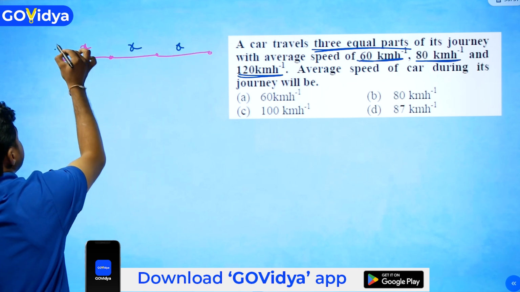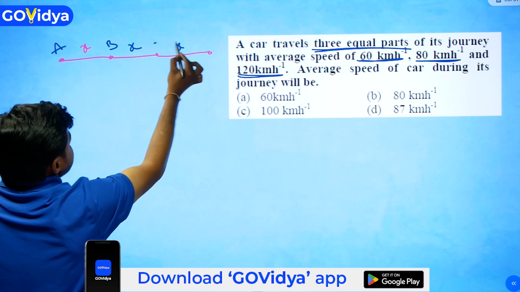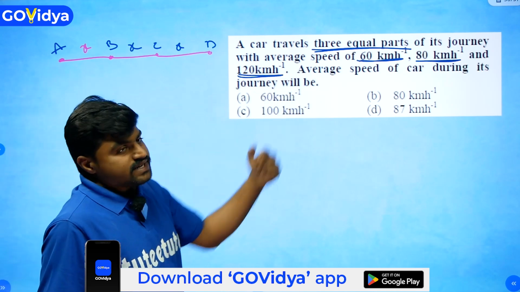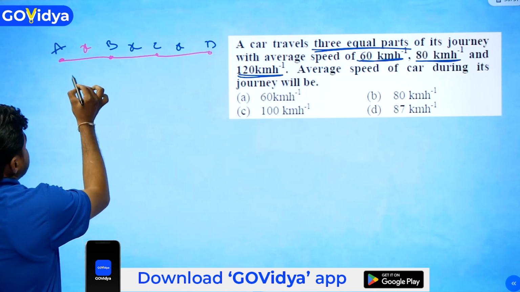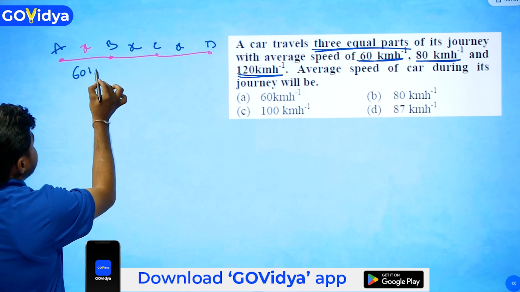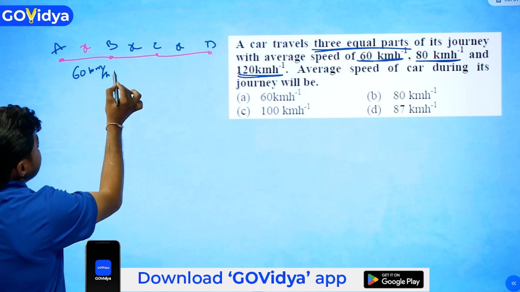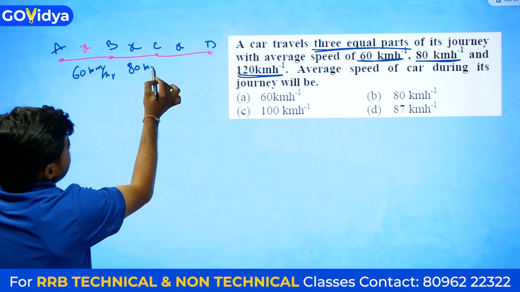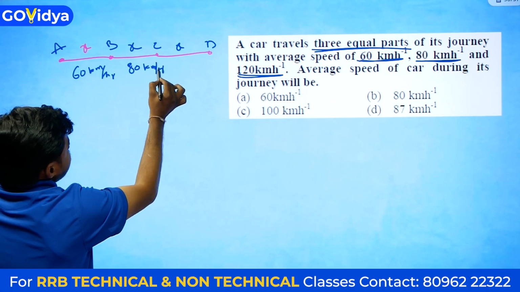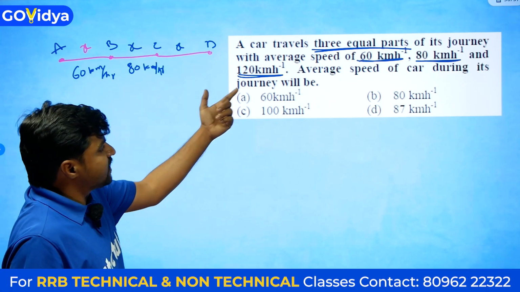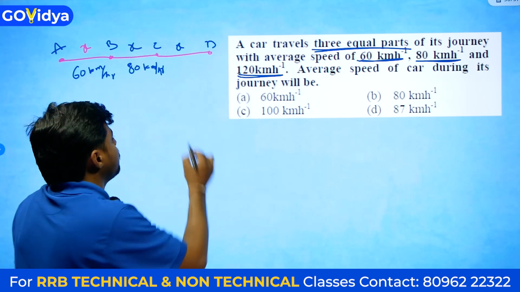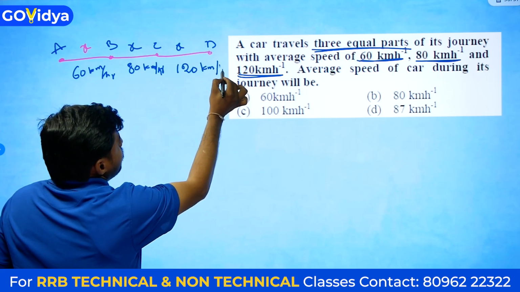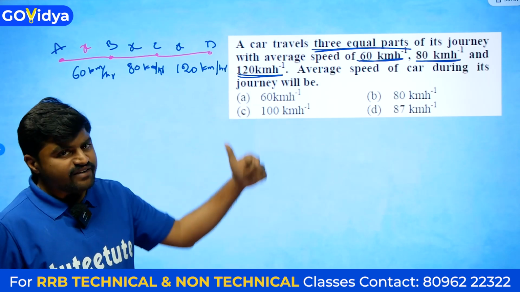A, B, C, D. From A to B, its average speed is 60 km per hour. From B to C, it will travel with the speed of 80 km per hour. From C to D, it will travel at the speed of 120 km per hour. We have to find the average speed.